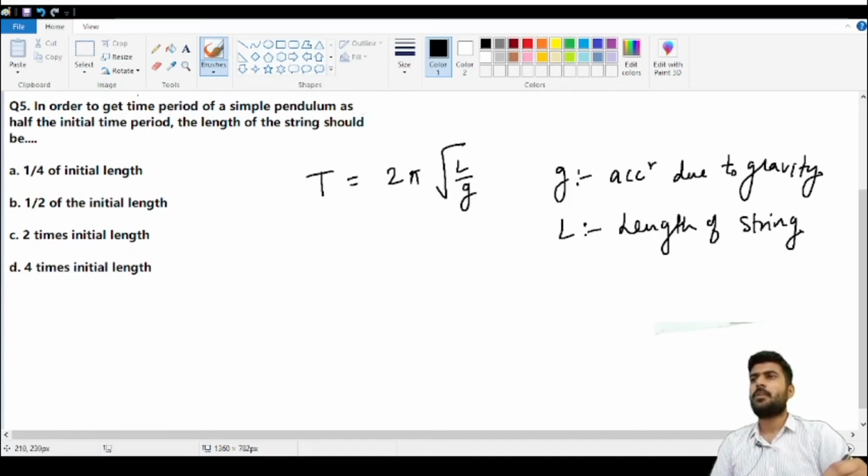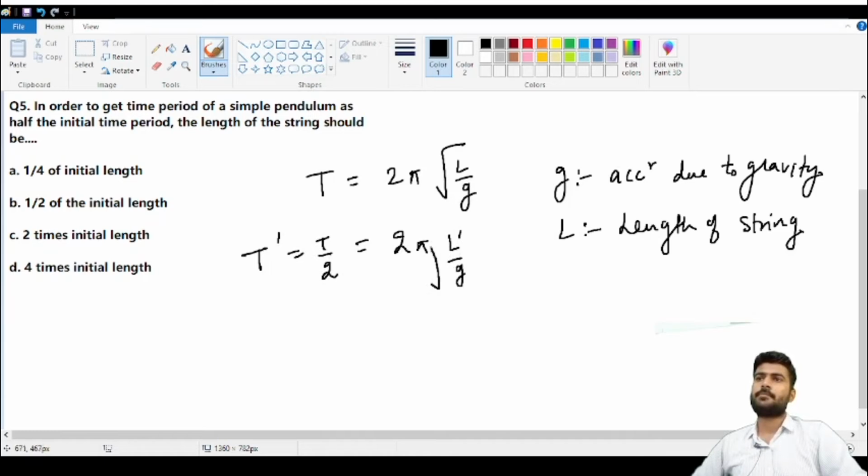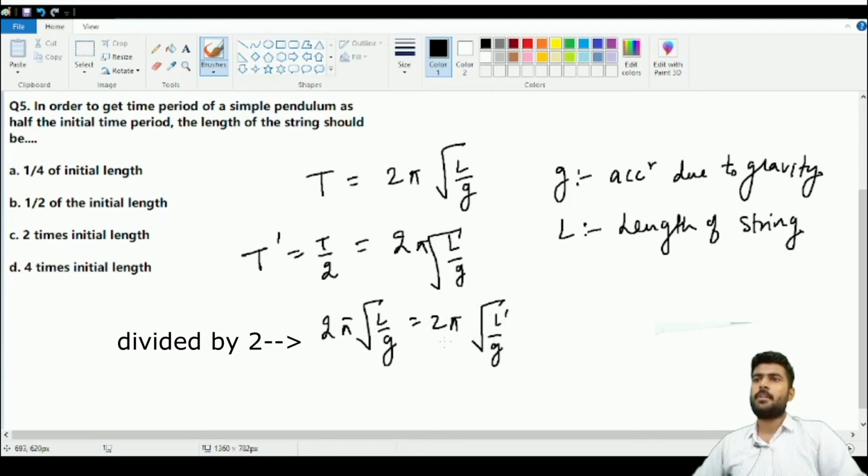Now in order to get the time period as half the initial time period, let the time period be T dash, which is half of the initial time period. So for that time period, let the length be L dash. Now put T is equal to 2 pi root L upon g is equal to 2 pi root L dash upon g. 2 pi got cancelled.